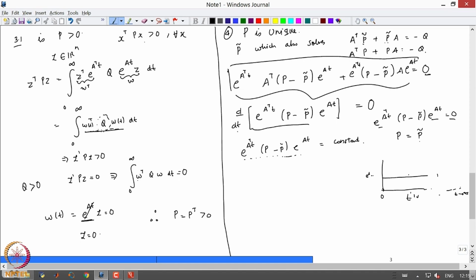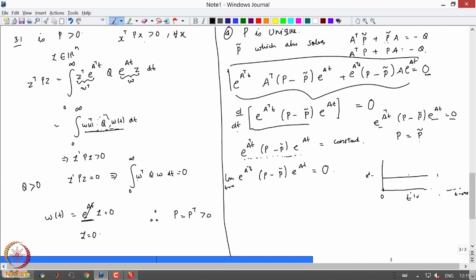So, if this holds at infinity, what happens to this quantity at infinity? e power A transpose t (P minus P tilde) e power A t. What is the value of this as t goes to infinity? Because A is exponentially stable, which is what I have been exploiting all the while, this will be 0.